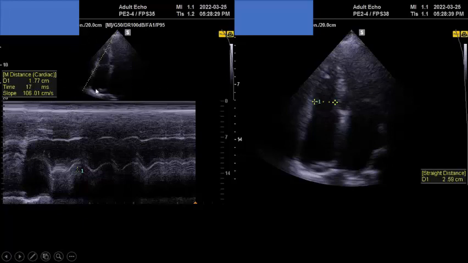Here TAPSE is 1.77, and the right ventricular diameter is normal. That means no right-sided dilatation, which may cause acute dyspnea in pulmonary embolism. You can exclude that in our patient who has severe dyspnea.